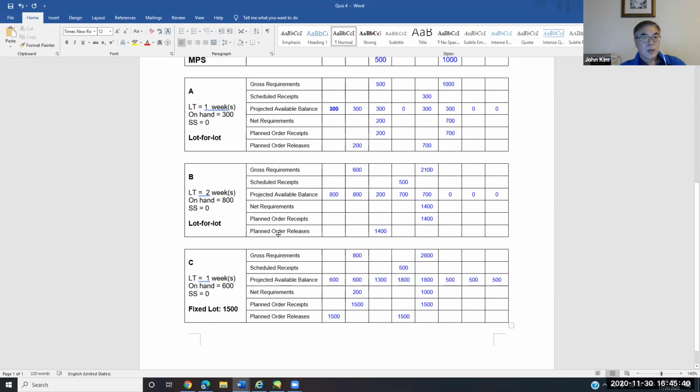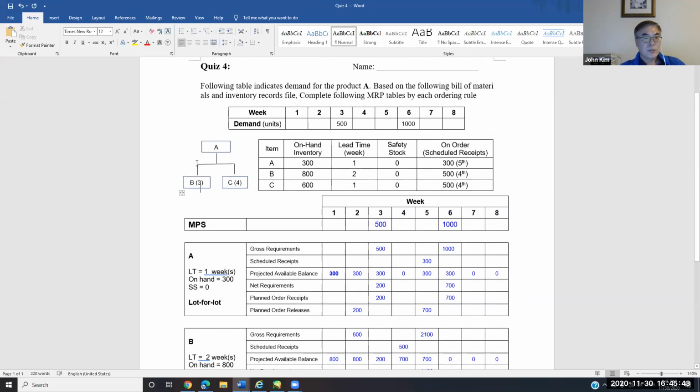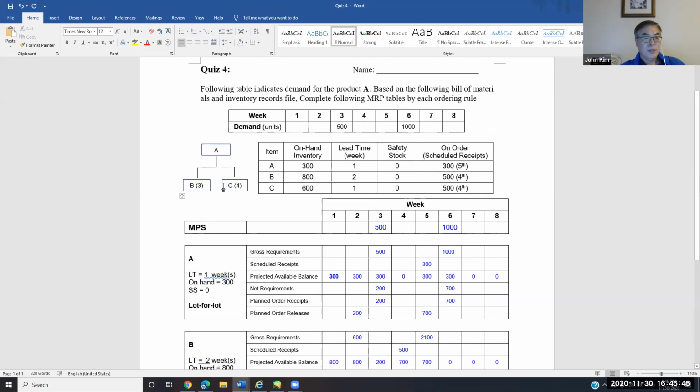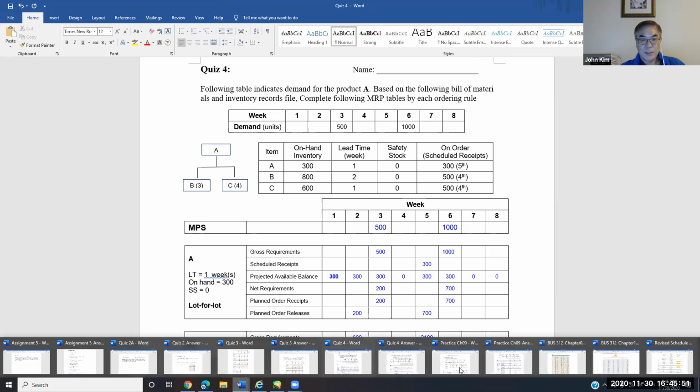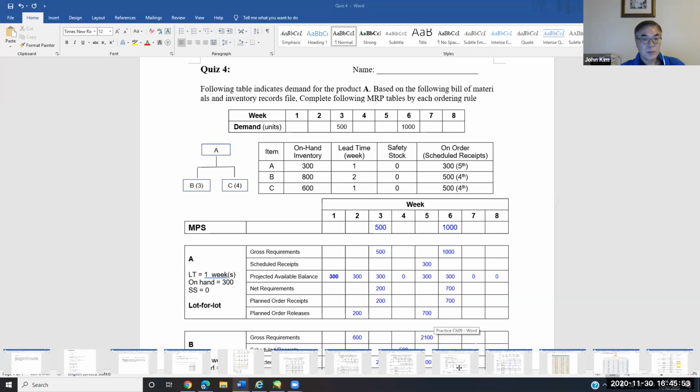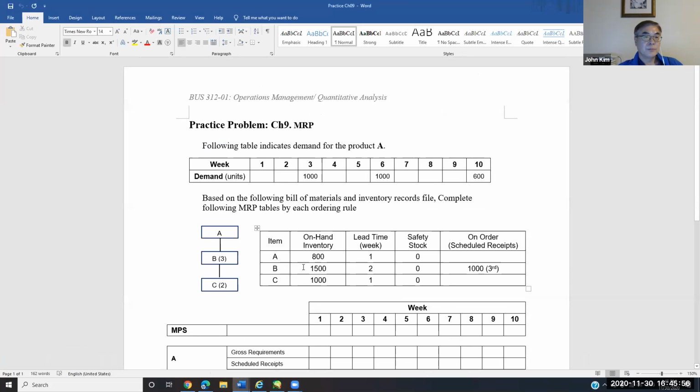You know, for this question, the bill of material looks like this, but earlier when you practiced the problem, this one was like a tier.